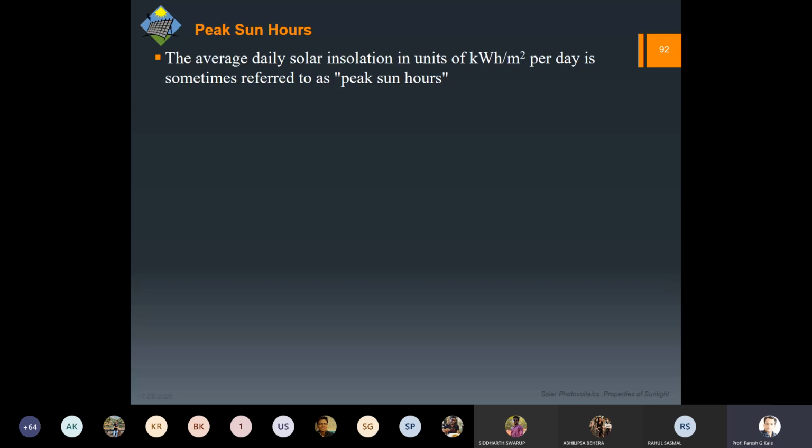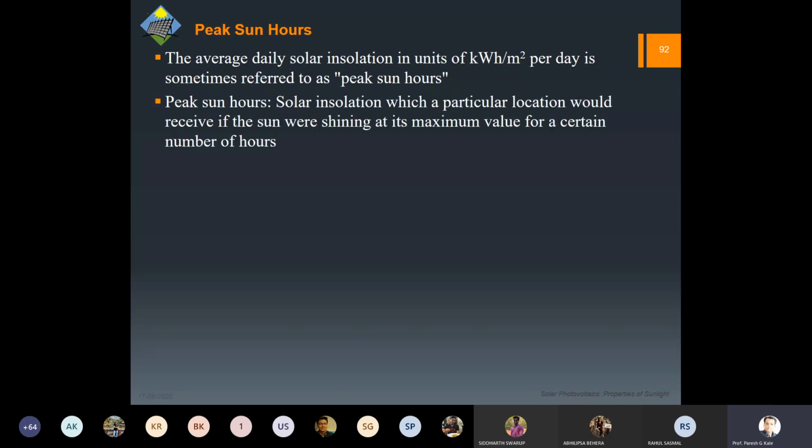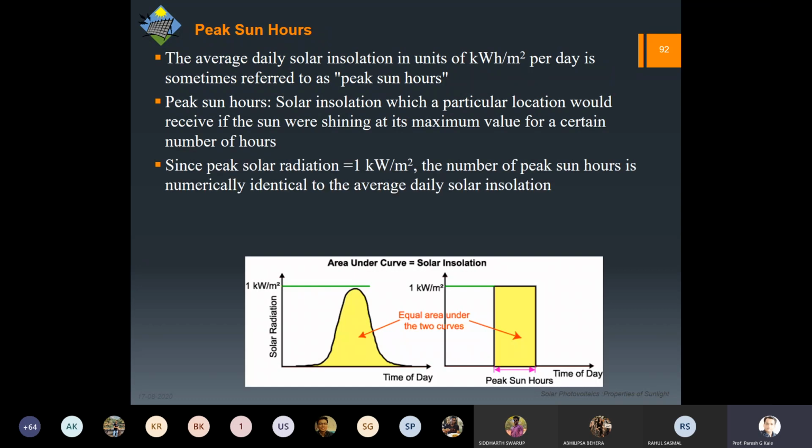So if we take this value of insolation, it would be varying, and for certain calculations this is a very odd thing. I will show you the diagram, and you can see that calculating this particular area would be a difficult part, because this area will be equal to the total solar insolation that we are receiving.